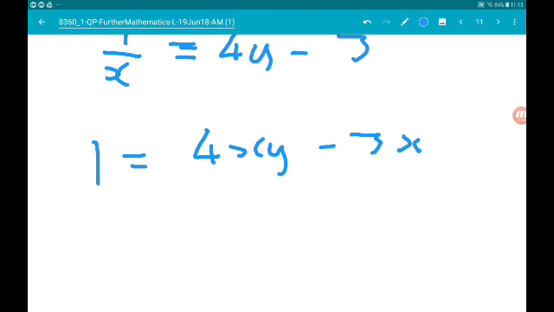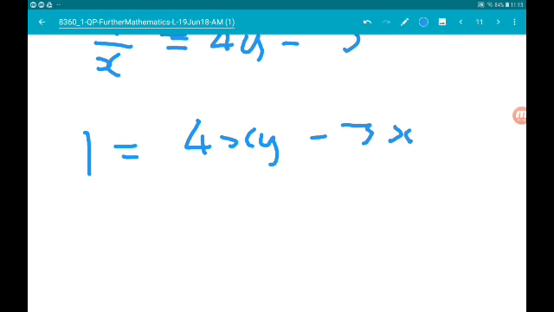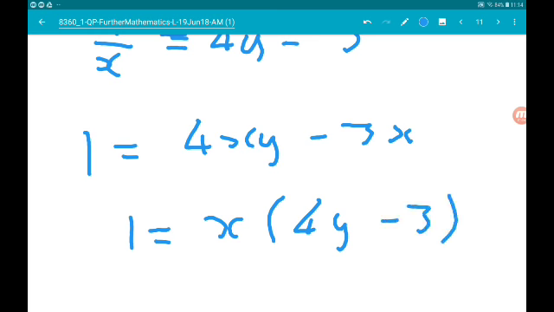At the moment it appears twice, and 1 is an algebraic term, 1 is a numeric term. So to turn these two terms on the right into one term, we factorise. So we get x lots of 4y minus 3.